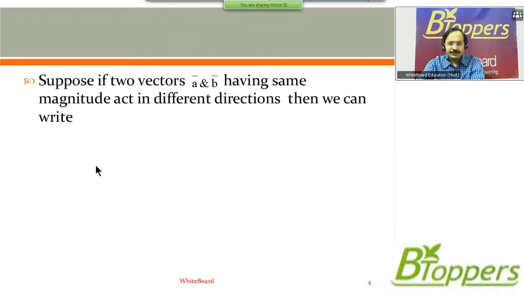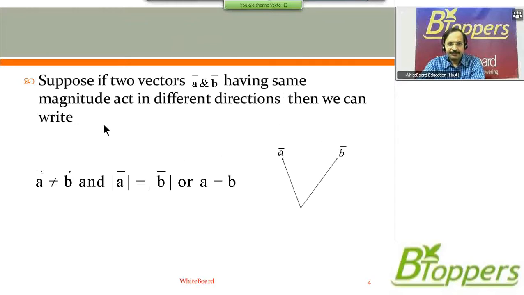Suppose two vectors A bar and B bar having the same magnitude act in different directions, then we can write A bar is not equal to B bar, and mod of A bar equal to mod of B bar, or A equal to B.